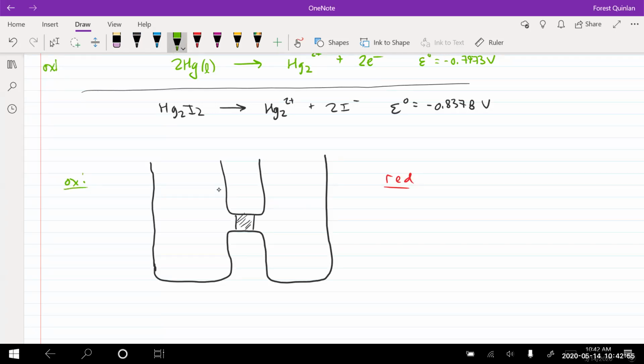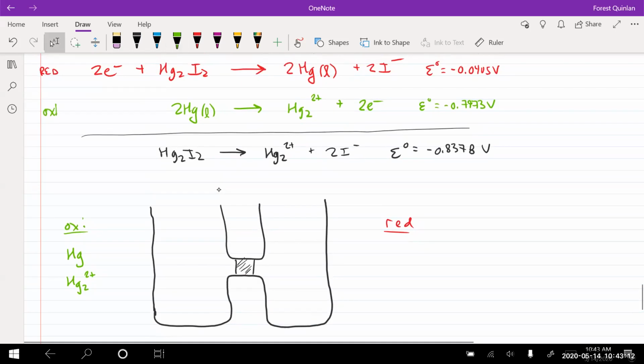On the oxidation side, we need some mercury and some mercury 1. And on the reduction side, it looks like I need some mercury, some iodide, and some mercury iodide.